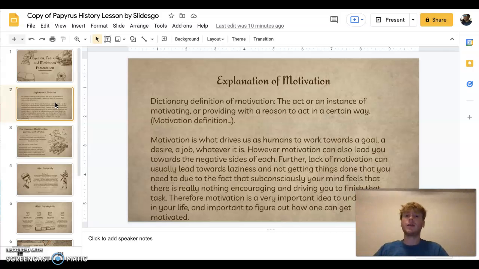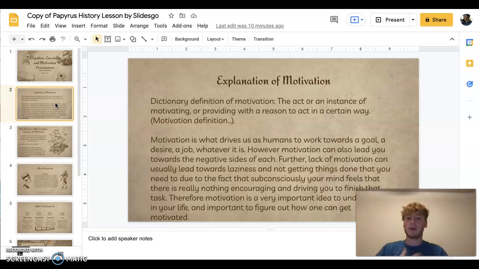Motivation encompasses the whole idea of what is pushing you to do something, and therefore you also have the lack of motivation towards things, which can usually get you into trouble and can cause you to not get certain jobs done, because you find that you yourself don't have any goal or any push to finish a task.